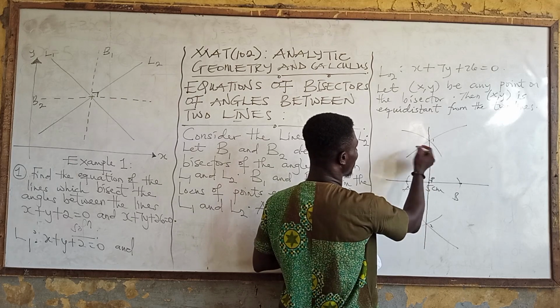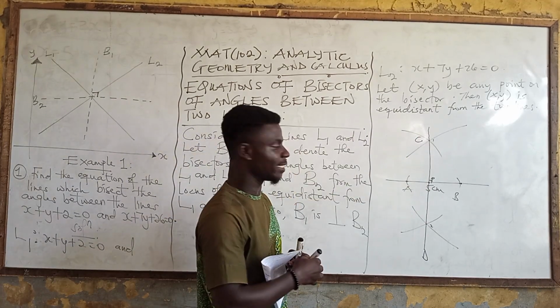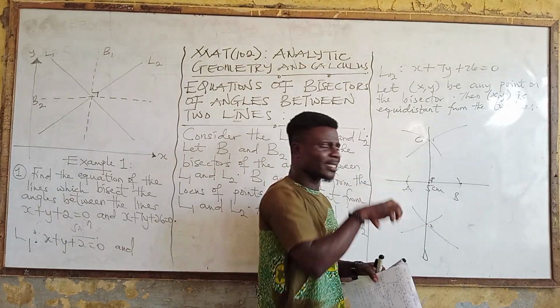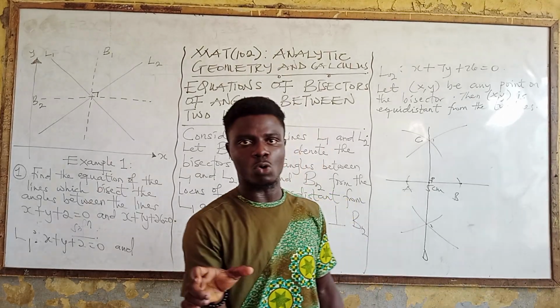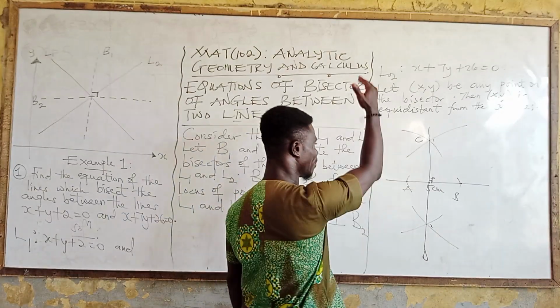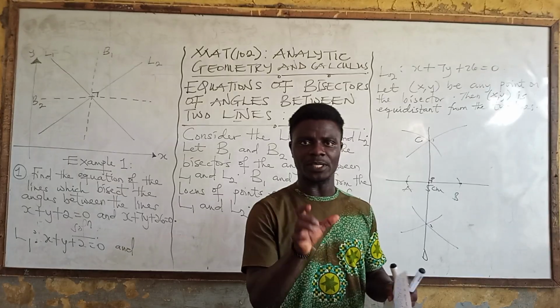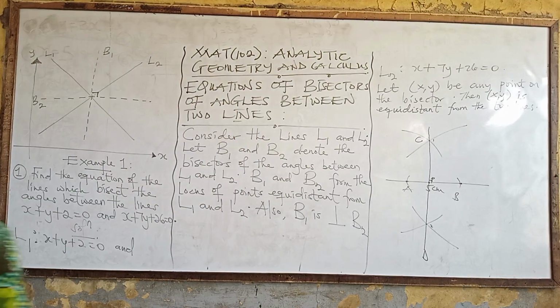Let me name the bisector CD. The distance from point A to this bisector CD is the same as from the bisector to point B, so they have equal distance. This bisector divides the line segment AB into two equal parts. So now let's go straight to our solution.